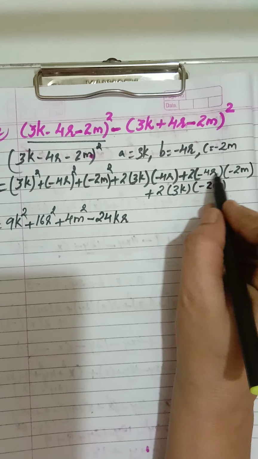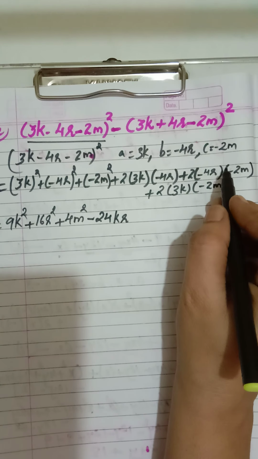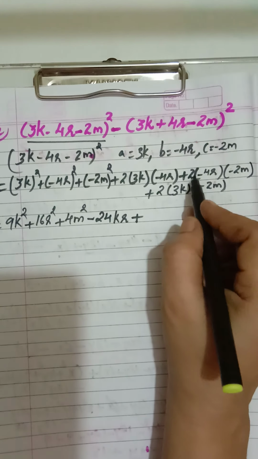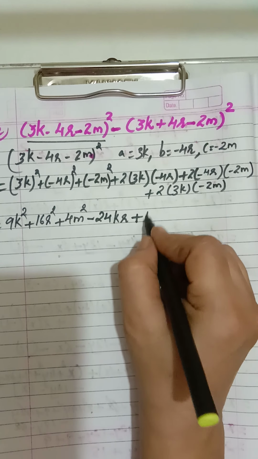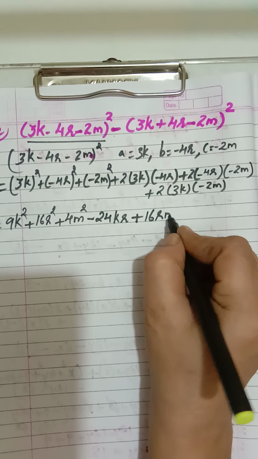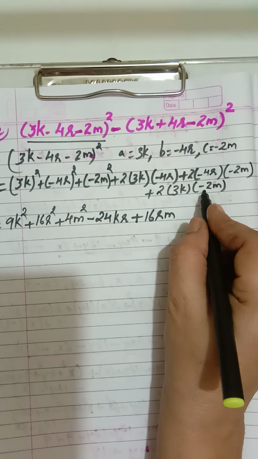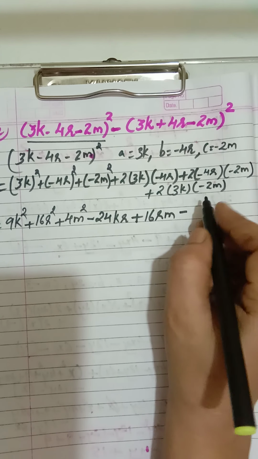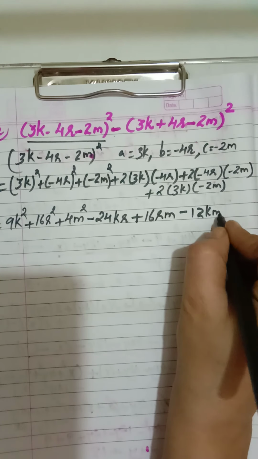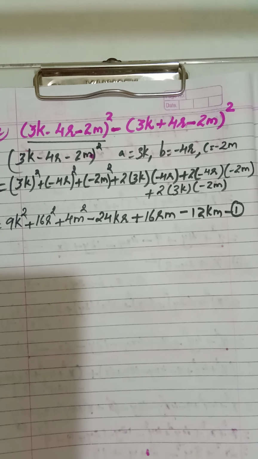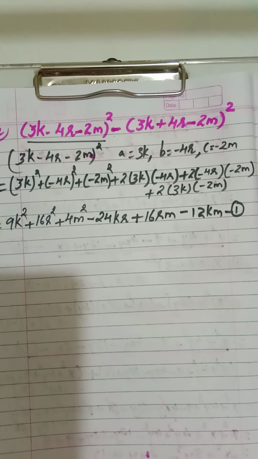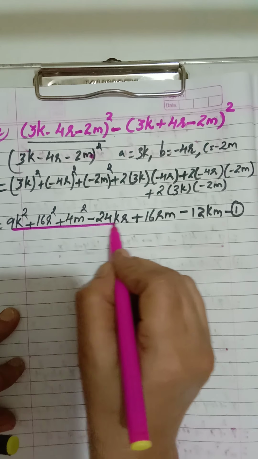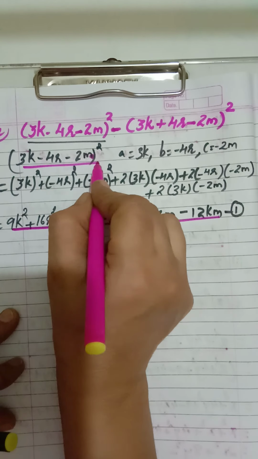Again here two terms have minus, which becomes plus, so it will be plus 2 4s are 8, 8 2s are 16rm, and here the last term again has a single minus sign, so minus 2 3s are 6, 6 2s are 12, so 12km. This is the first expansion. Clear? This is your first expansion of the term.